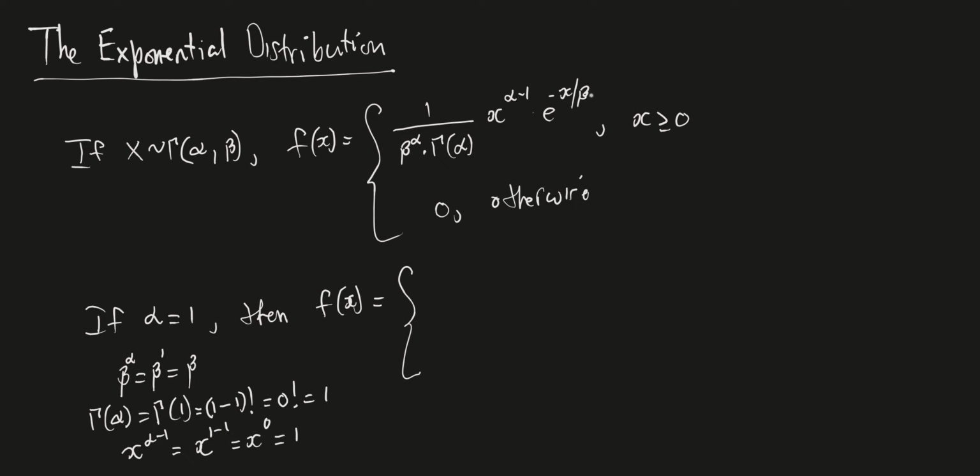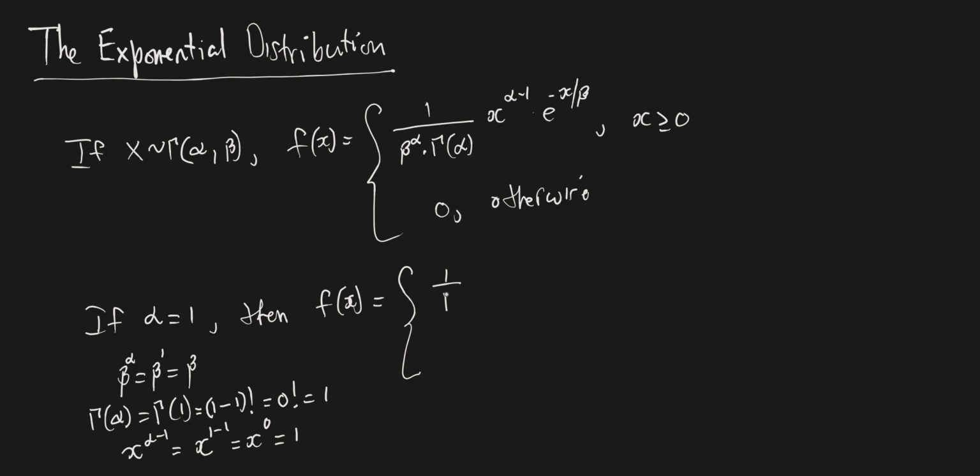So a lot of the challenges, if you will, with the gamma distribution, they kind of go away when our alpha is equal to 1. This part goes away, the x goes away, and then all I have is 1 over beta, and then I'm left with this simple exponential function.